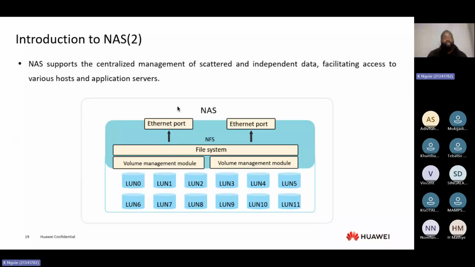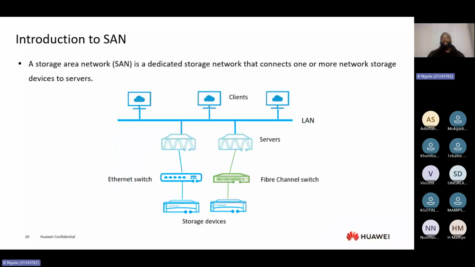Okay, and then the third one will be the SAN, the storage area network. The storage area network is just a dedicated storage network that connects one or more network storage devices to the server. So what does it mean? This will be a network that just connects servers.